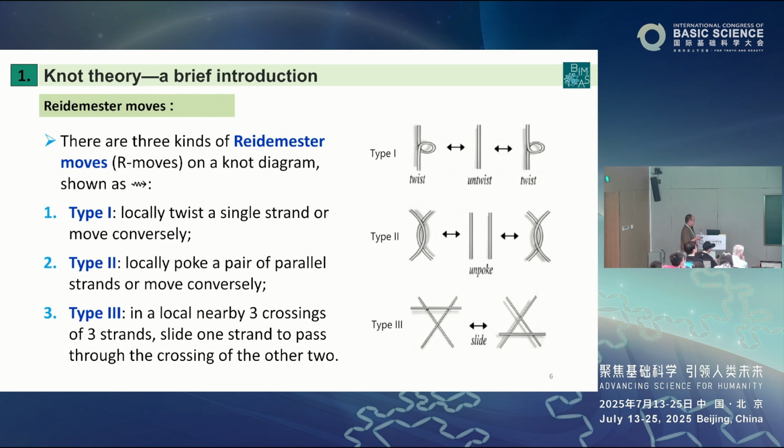Type 2 move is just poke or unpoke, like this. And the third type is sliding one string to pass a crossing of the other strings, like this. We call these the three fundamental Reidemeister moves.